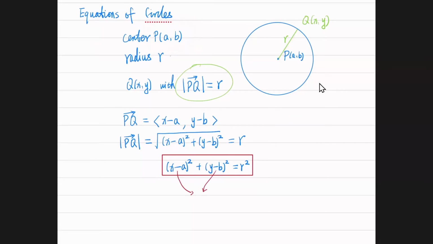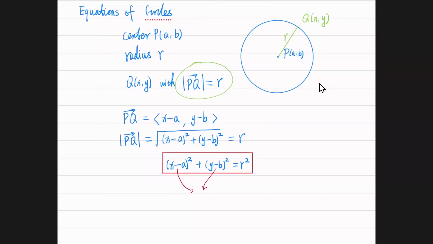Isn't that the norm? Yes, that's what I'm asking. We're trying to prove that. No, we already know that the norm of something, by definition, is the square root of x minus a1 squared plus y minus a2 squared. Why does it equal r?